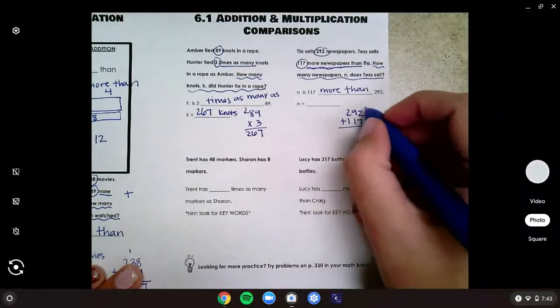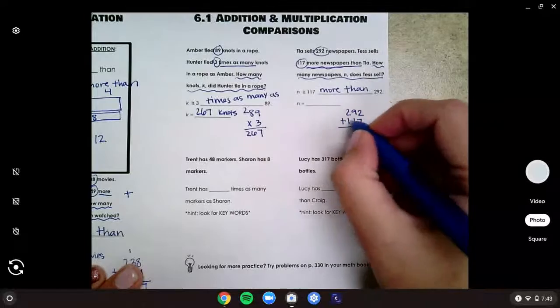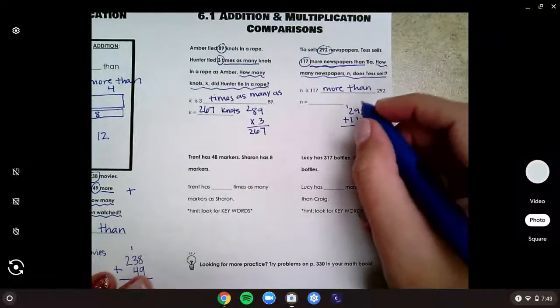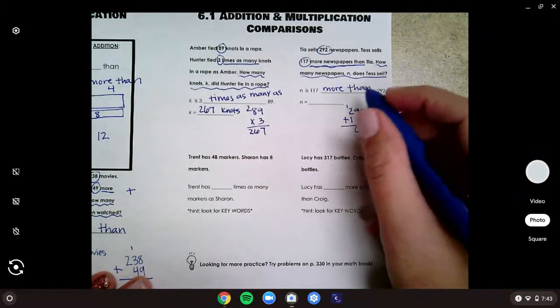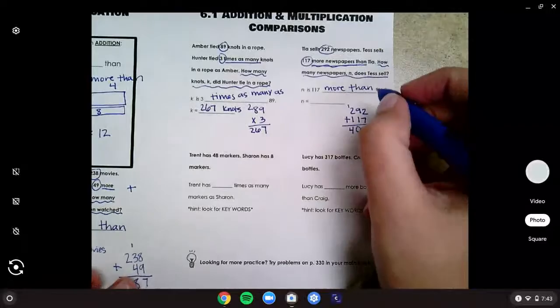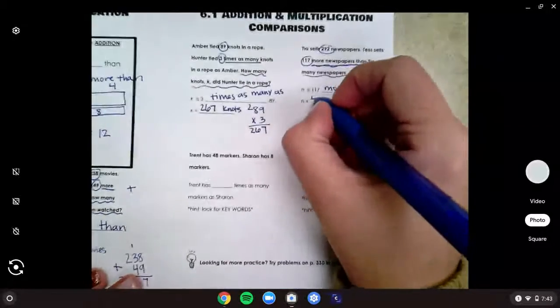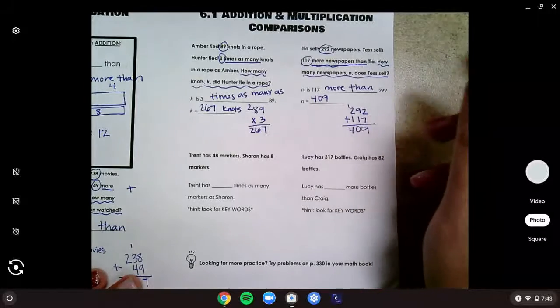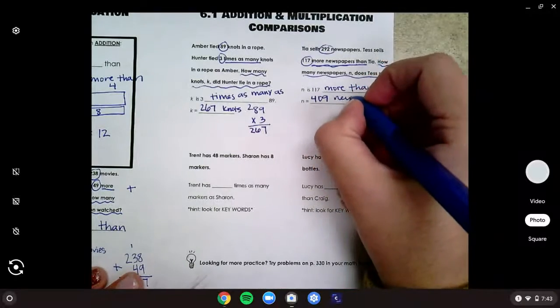All right, so 7 plus 2 is 9. 9 plus 1 is 10. 2 plus 1 is 3. 3 plus 1 is 4. So we should find it's going to be 409. 409, and a label would be newspapers.